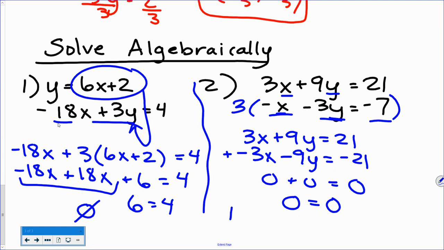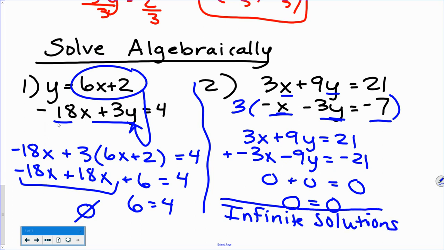We just say there's infinite solutions because there's many, many, many solutions that satisfy it. We do not say all real numbers in this case because all real numbers would mean it could be anything, and it's actually an infinite amount of solutions, but they have to be on those lines. So not every single point would be on those lines.